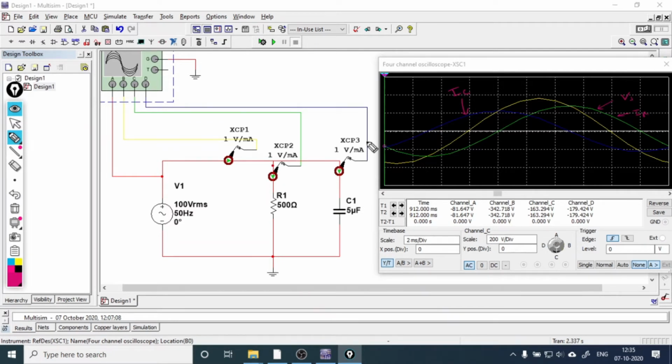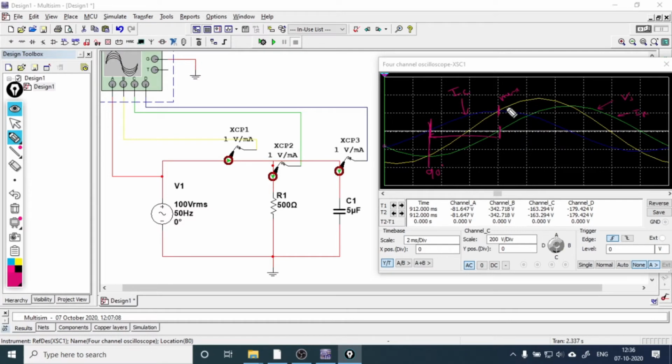So it's clearly visible that the current through the capacitor is leading the supply voltage by exactly 90 degrees. See, when the current is 0, supply voltage is maximum. When the supply voltage is 0, current is maximum.